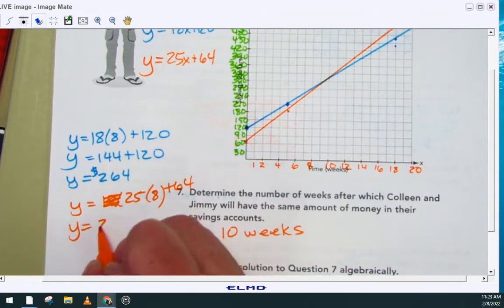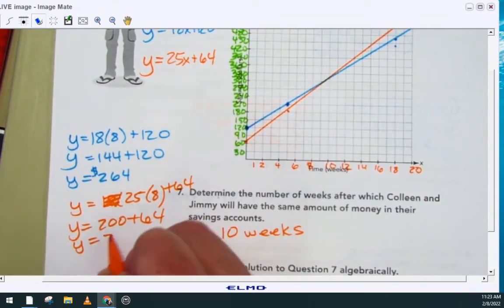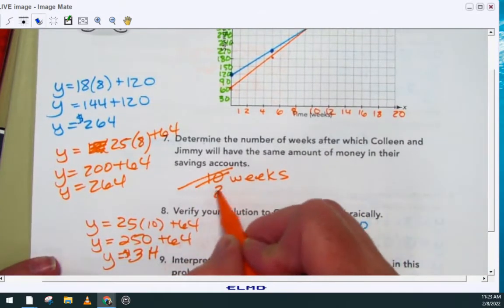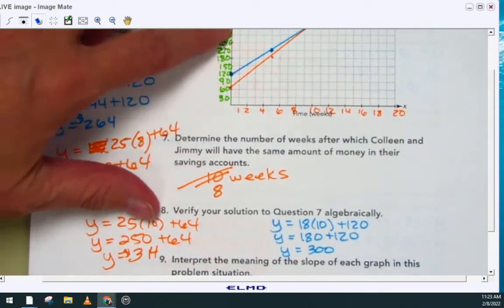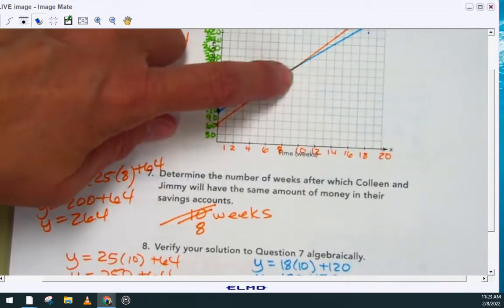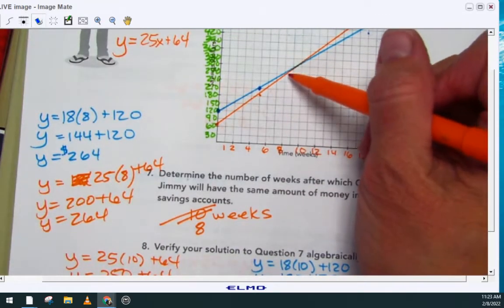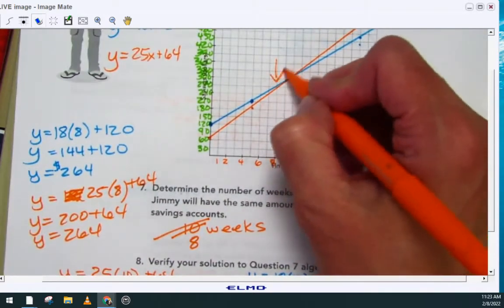That's 200 plus 64. Oh, look at that. So it wasn't 10 weeks, it's actually 8 weeks. If we're able to graph better, we'll come up with the exact number. That was my fault because I didn't do a very good job of graphing. They actually should have met right here.